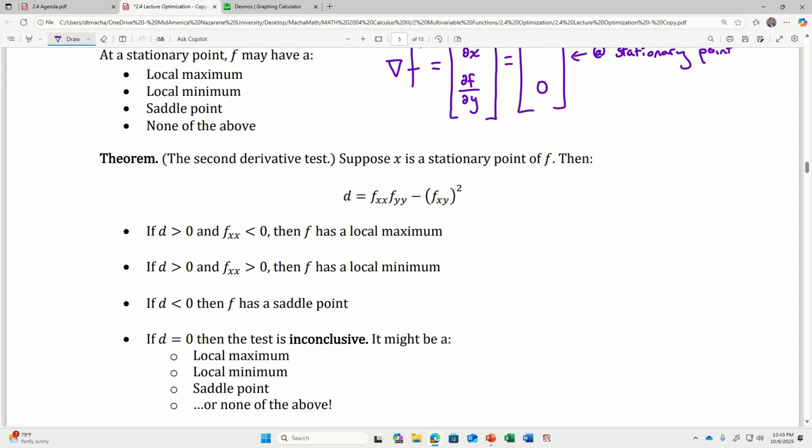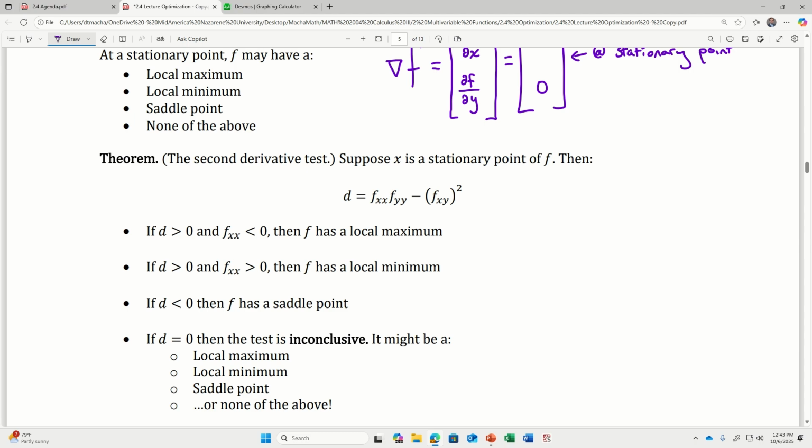To do the second derivative test for a function of two variables, I have to calculate this thing, this little lowercase d. It's the second partial derivative of f with respect to x times the second partial derivative of f with respect to y minus the mixed second partial derivative squared.